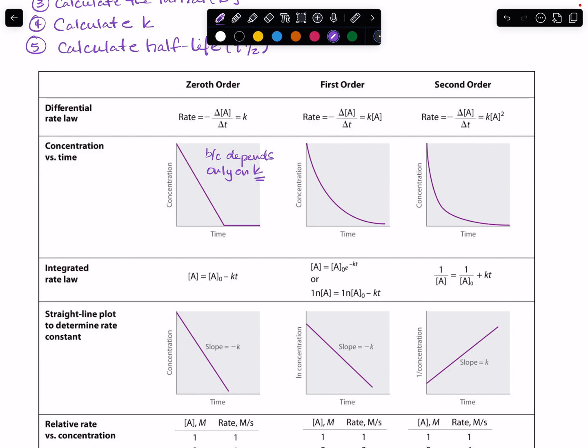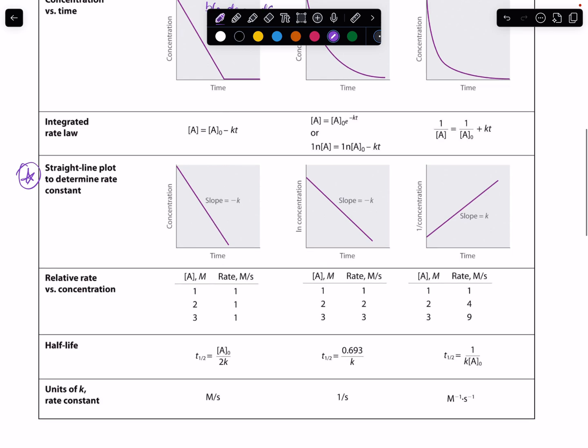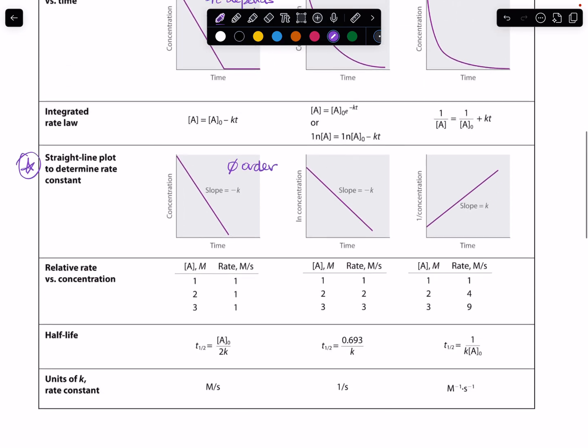So you're better off using what I call the straight line plot to determine what your order is. If you plot concentration versus time and get a straight line, that's going to be a zero order. If you plot concentrations versus time and get a curve, then it's not zero order. If you plot the natural log of your concentration versus time and get a straight line, then that tells you you are first order.